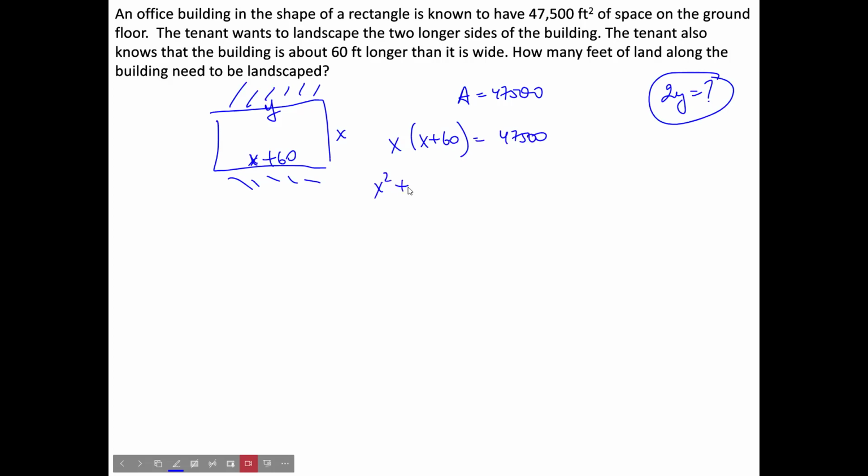So x squared plus 60x minus 47,500 equals 0. Well, here I would say we use what? Quadratic formula. And what I have, 60 squared minus 4 times 1 times minus 47,500. Let me take the calculator.